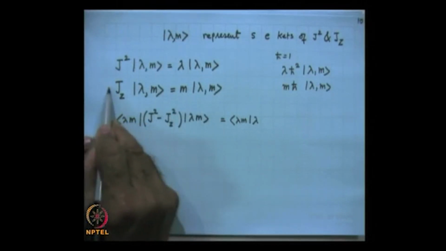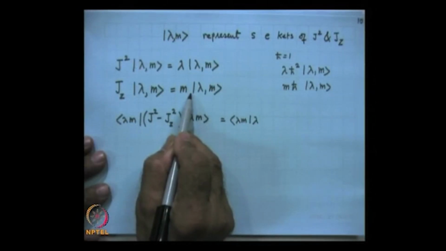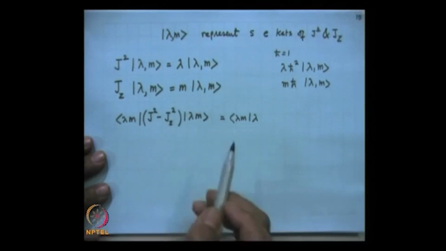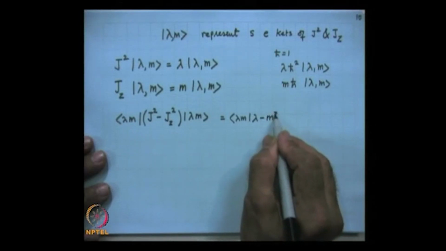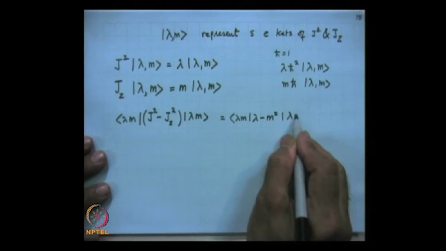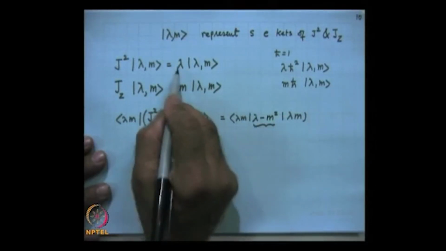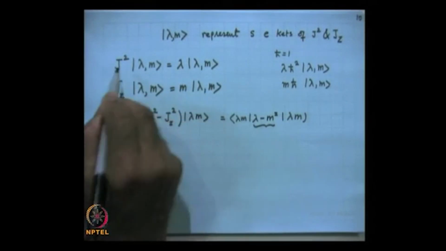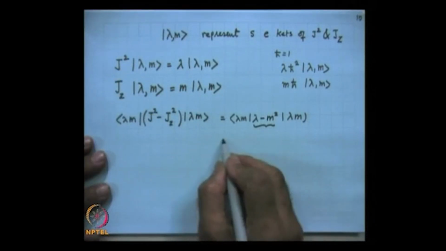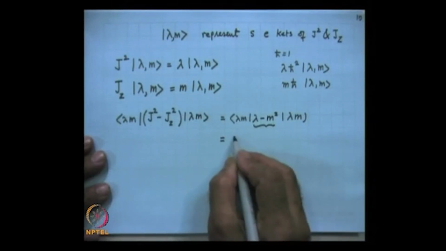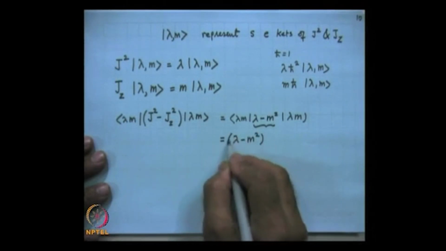If I operate again by jz, it is m square. So, this becomes lambda minus m square times ket lambda m. This is just a number because these are just eigenvalues, this is the operator. And if these are orthonormal kets, then this becomes lambda minus m square.